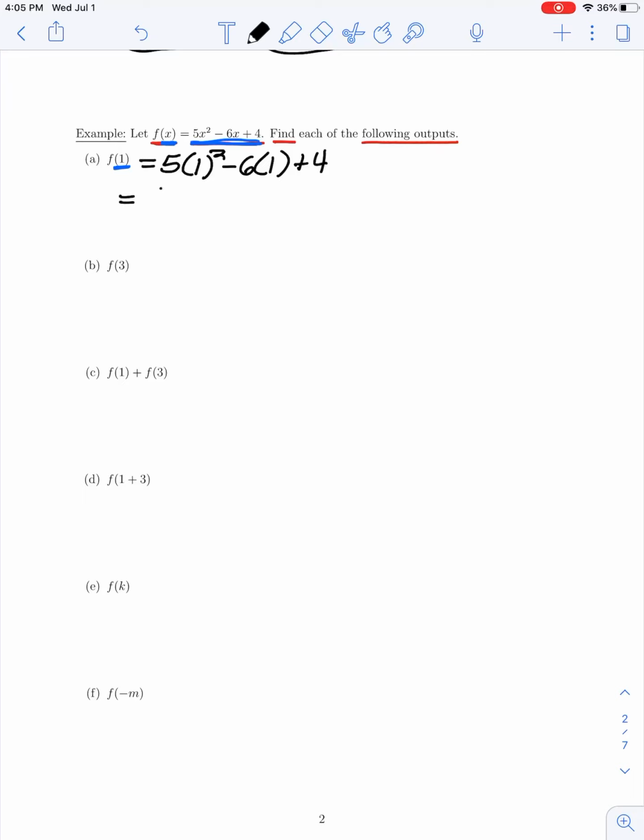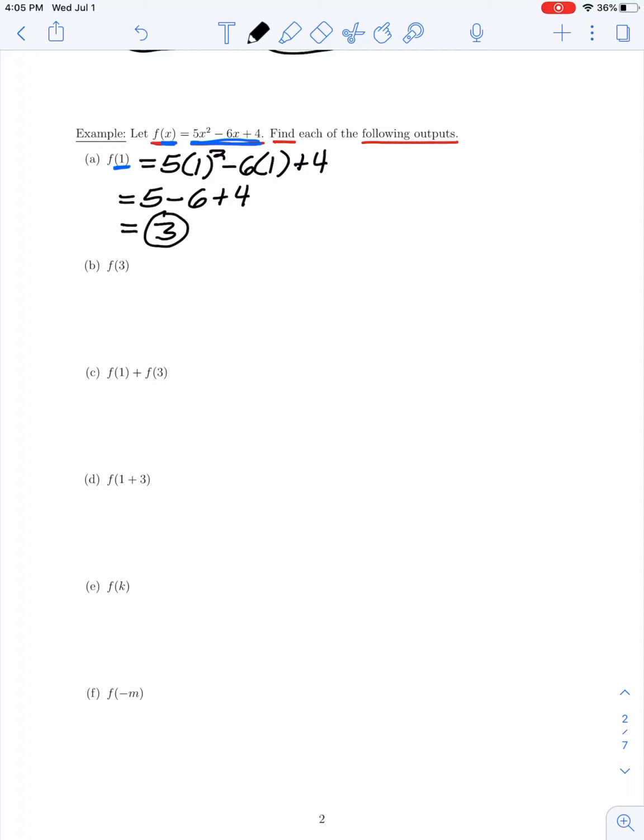So let's simplify. We have 5 times 1 squared is 5, minus 6 times 1 is 6, and then plus 4. So combining these terms, we have 5 minus 6 is -1, plus 4 leaves us with 3.